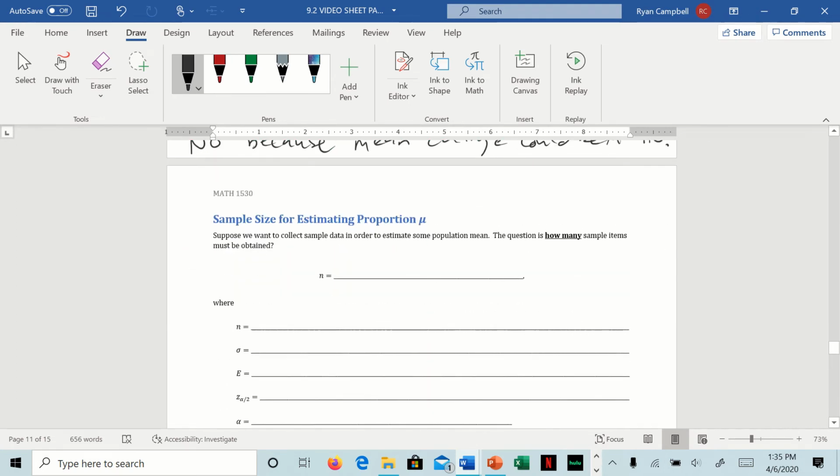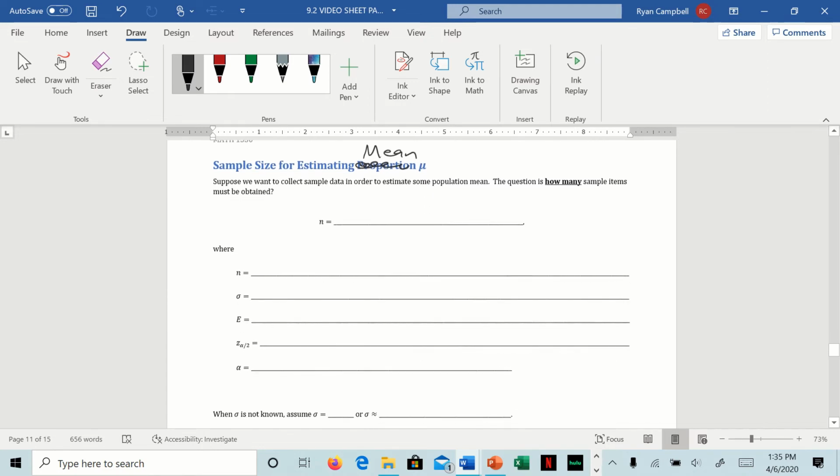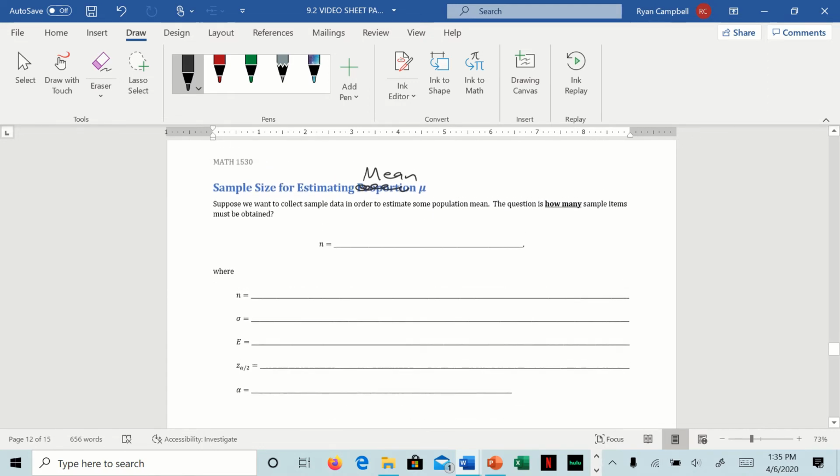All right, so sample size for estimating the mean. All right, so here is the formula for it.